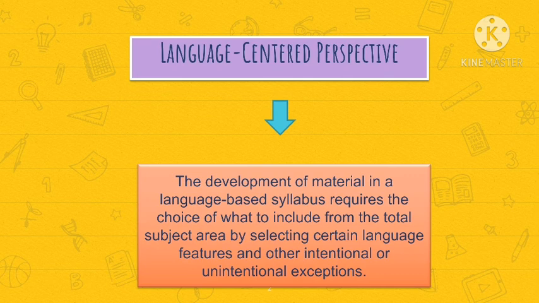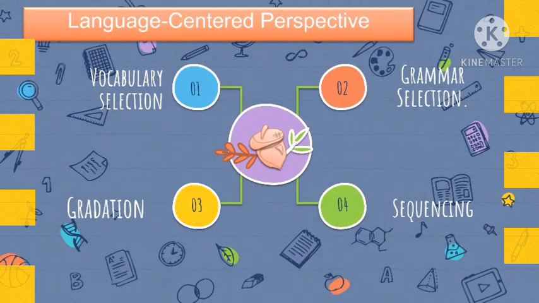Therefore, choosing content focuses more on grammatical structures, functional, notional categories, and topics. And then Nunan 1988 states that in a language-centered syllabus, content selection depends on the priorities and experiences of the syllabus designer, as well as beliefs about the nature of language and learning.